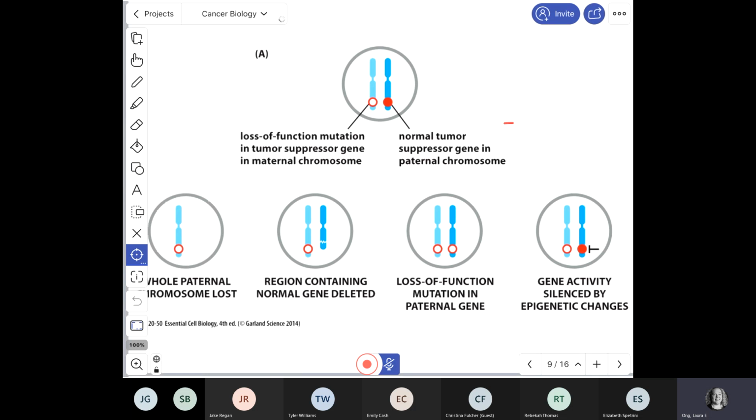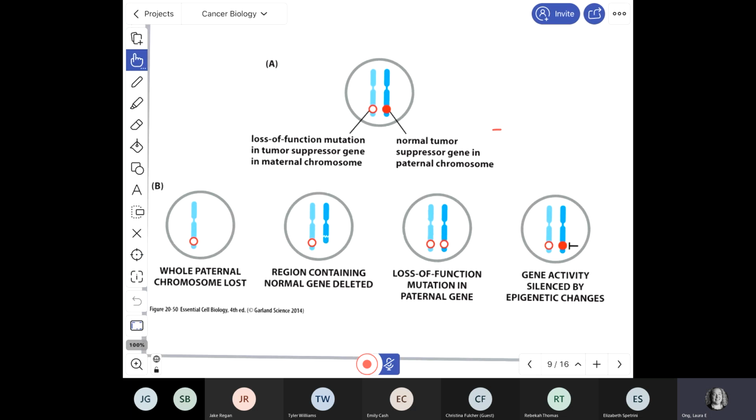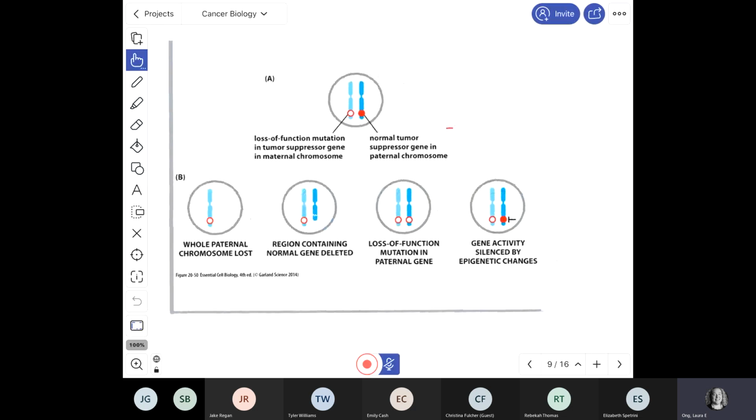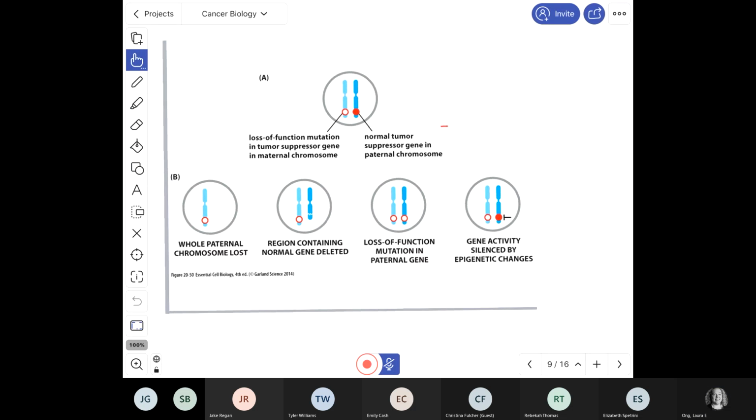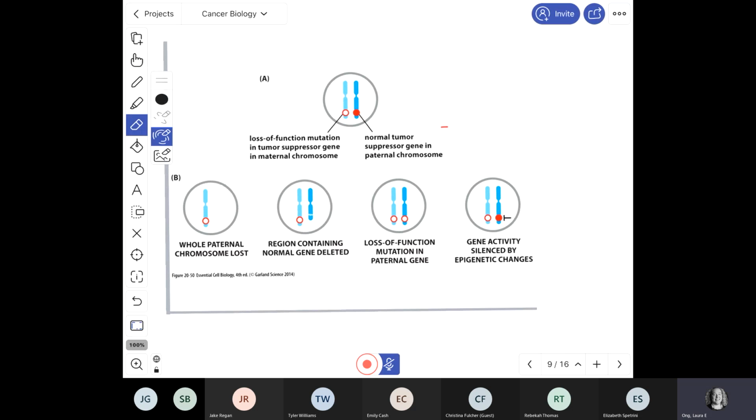So then the question becomes, how do you lose gene function? And this one's much easier to understand. Any kind of mutation that is going to mess up production of the protein is a loss of function mutation.